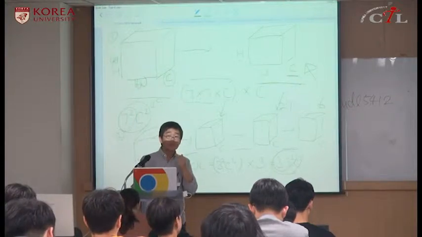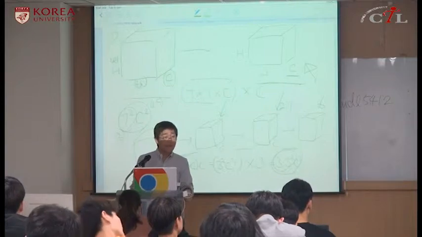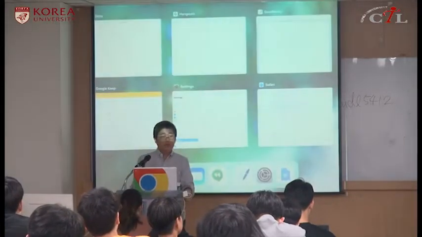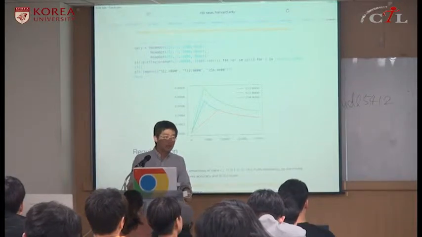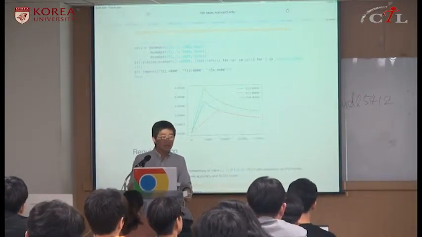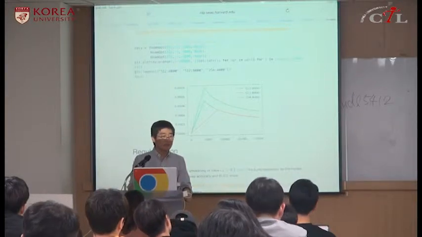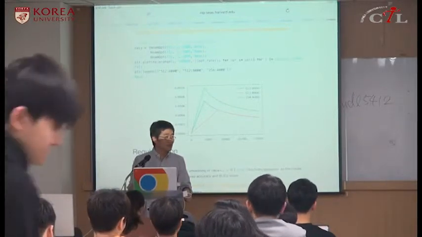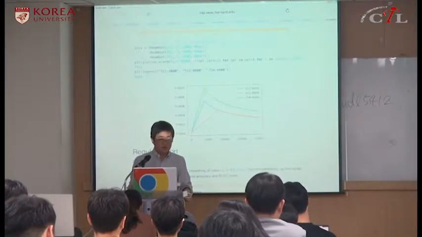Okay. So any questions? Now, there was a question in the Slido. I saw the question about why this nonlinearity gives better capability in our neural net.